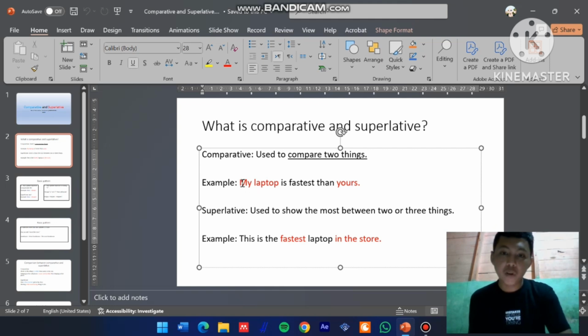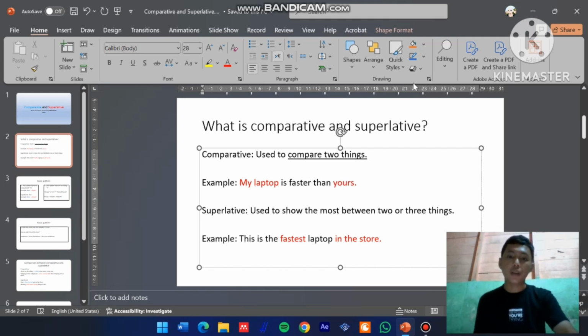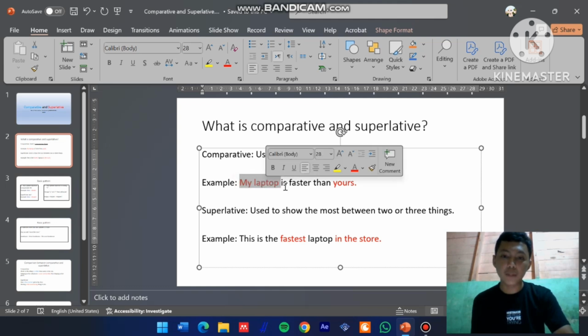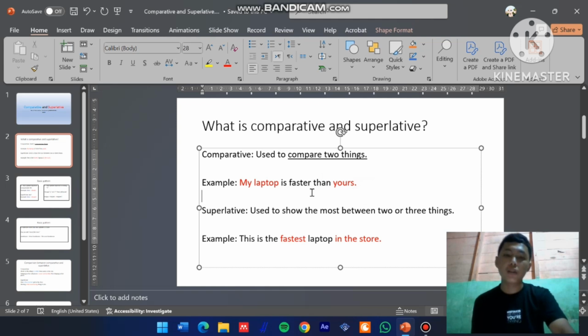For example, my laptop is faster than yours. This is the example of a comparative sentence. As we can see in here, I compare two things, my laptop and yours. Yours in here means your laptop, but I make it yours to make it shorter. So basically, we explain about two things.